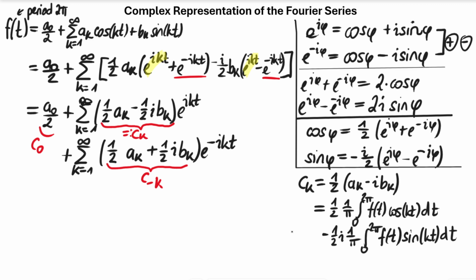And now we write everything under one integral, so it is 1/2pi times the integral over the full period once again, and now f(t) is factored out, and what remains inside is the cosine of kt minus i, don't forget the i in front of the integral, minus i times sine kt.